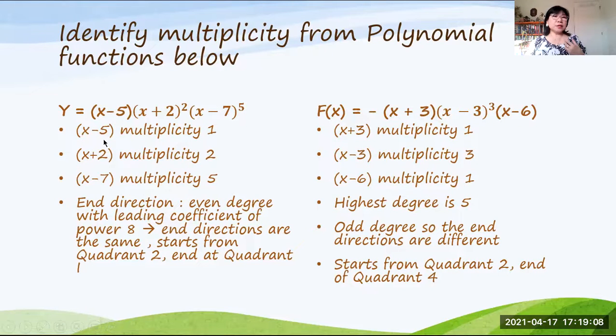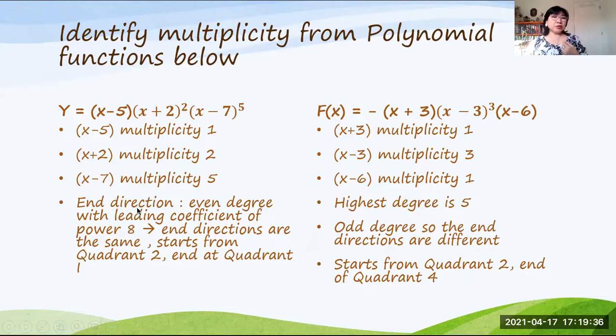So obviously the bracket x minus 5 here represents a multiplicity of 1 because it has power 1 here. x plus 2 has a multiplicity of 2 because it has a power 2 here. x minus 7, this bracket has a power of 5. So we call this multiplicity 5.